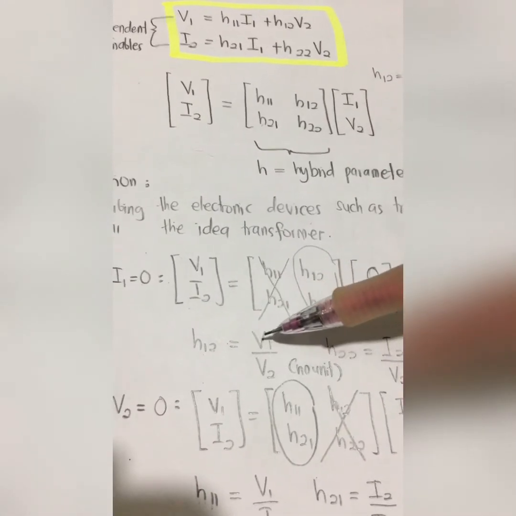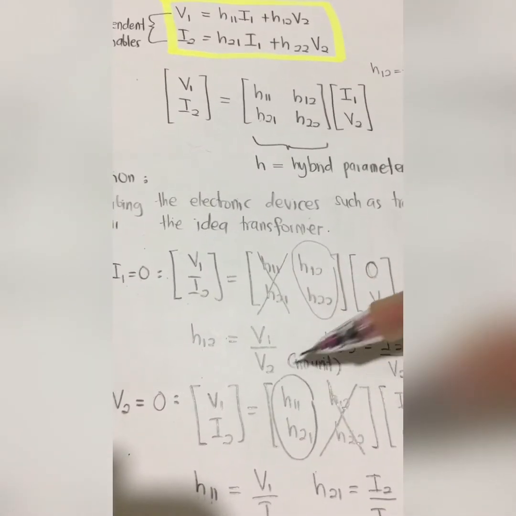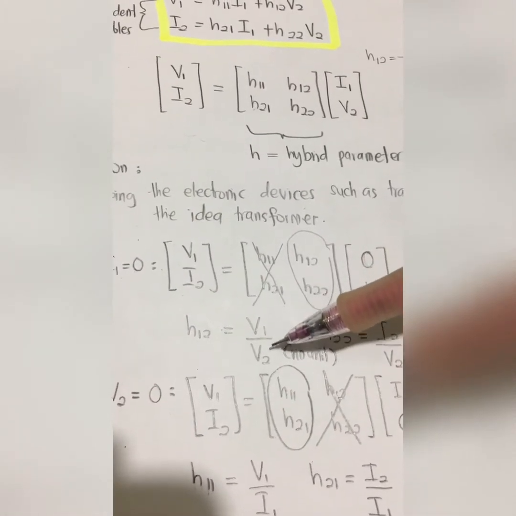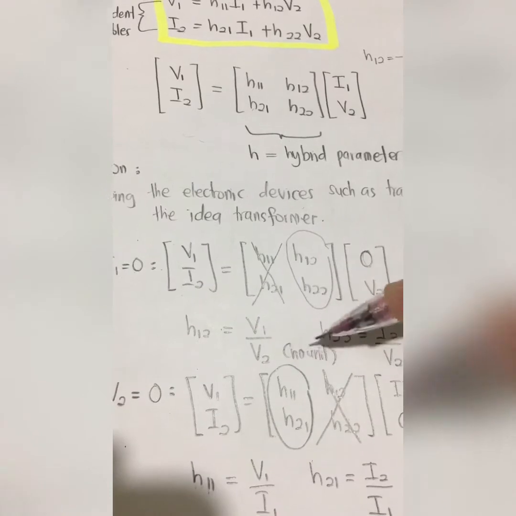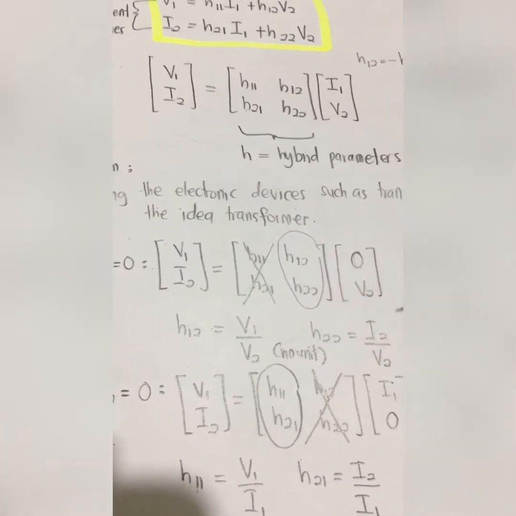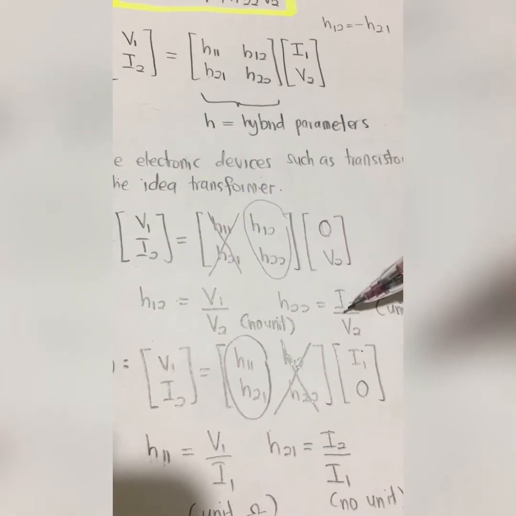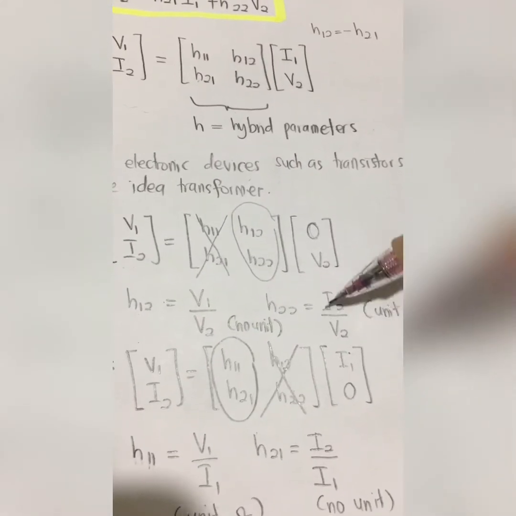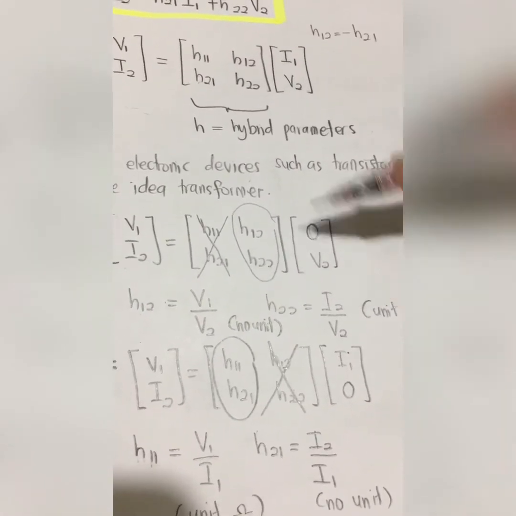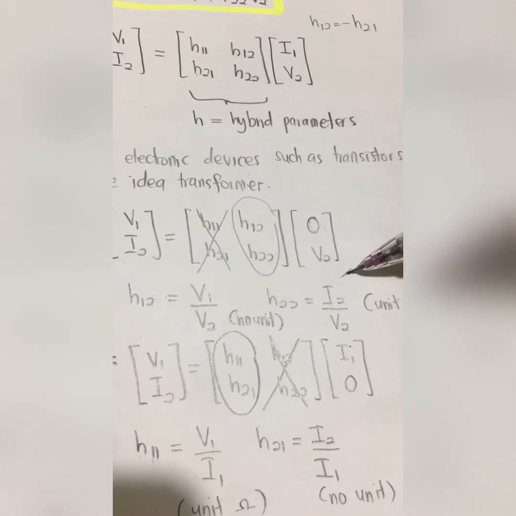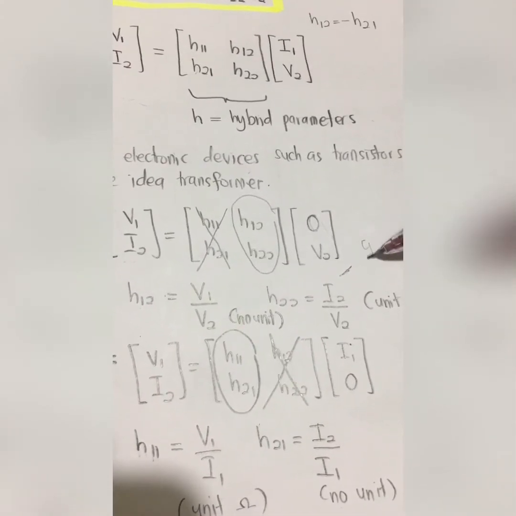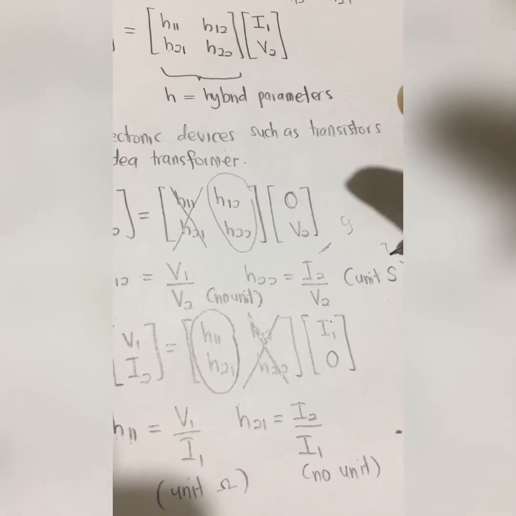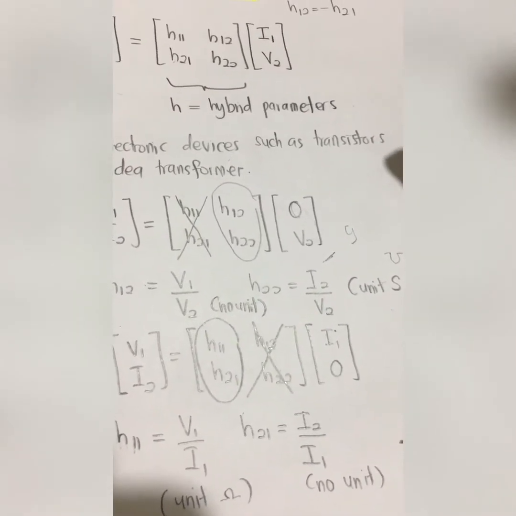H12 is equal to V1 over V2. Since we take voltage divided by voltage, there will be no units here. H22 is equal to I2 divided by V2, which is similar to admittance, so the unit should be S or mho, the inverse of ohms.